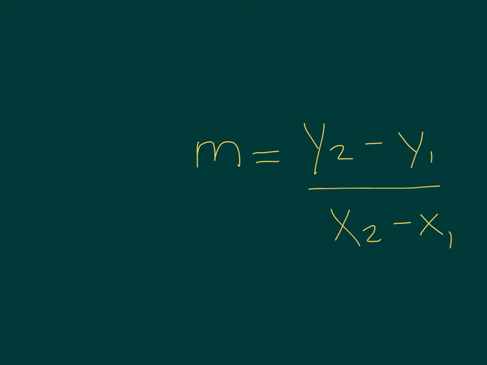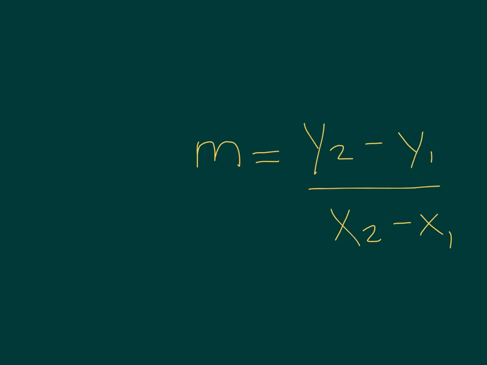Okay, let's consider for a second that we have this formula for slope. m equals the change in y over the change in x. Now, what if I were to move the denominator over to the other side? That is to say, I'm going to multiply both sides by this denominator.